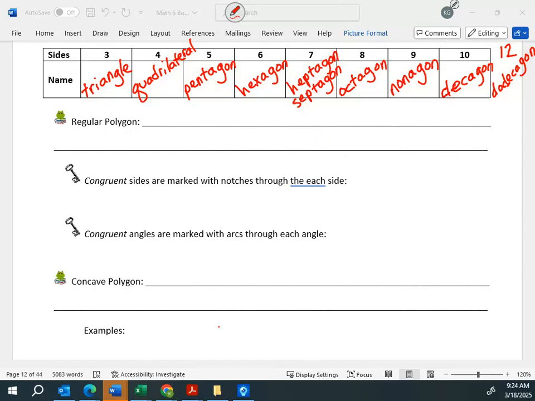So working with these polygons, we need to be able to classify them as regular or concave or convex.